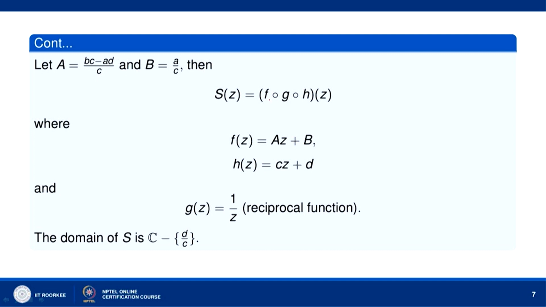It is the composition of F, G and H, F∘G∘H(z), where F(z) equal to Az + B, H(z) equal to Cz + D and G(z) equal to 1/z, which is known as the reciprocal function. The domain of S is the set of all complex numbers except −d/c. Okay. −d/c is not there because it makes S(z) infinity. So, S(z), the bilinear transformation, is a composition of two linear functions and one reciprocal function.